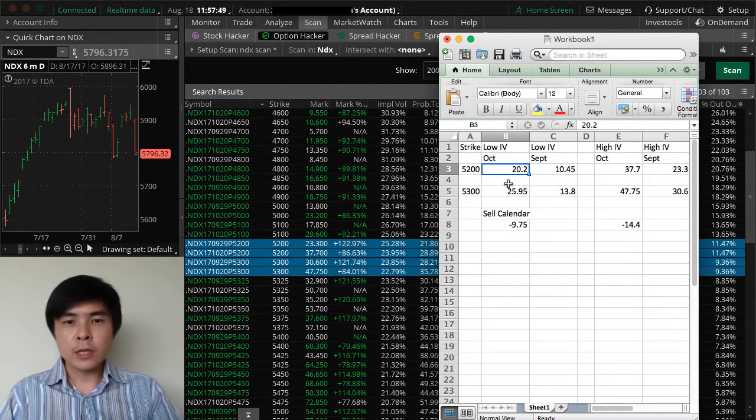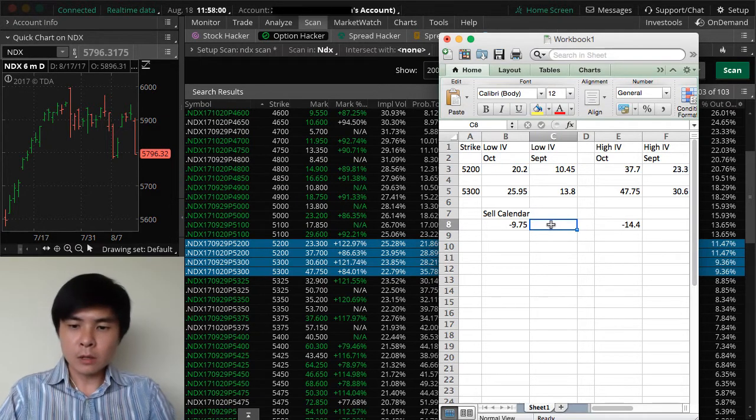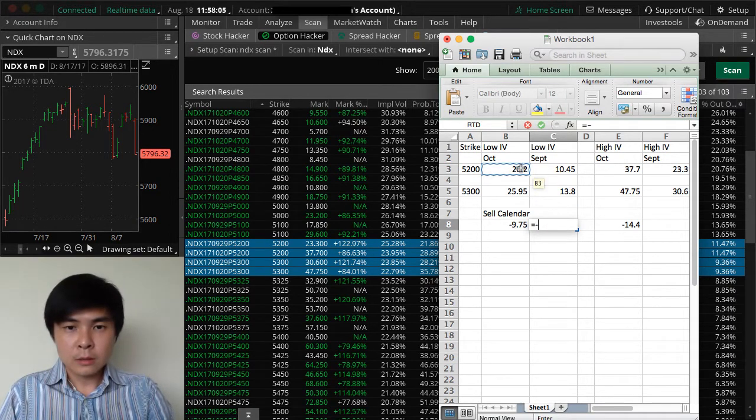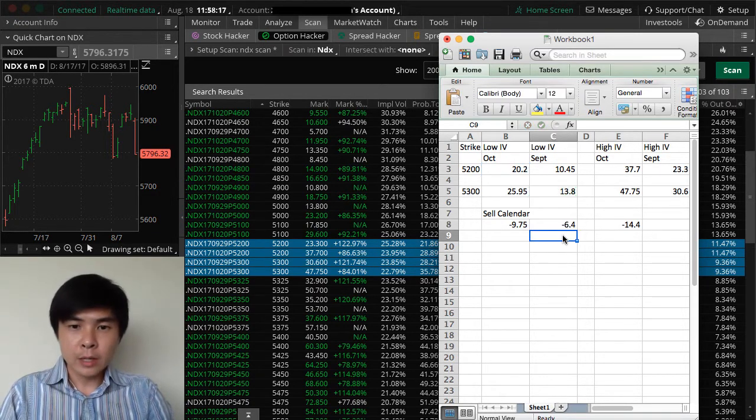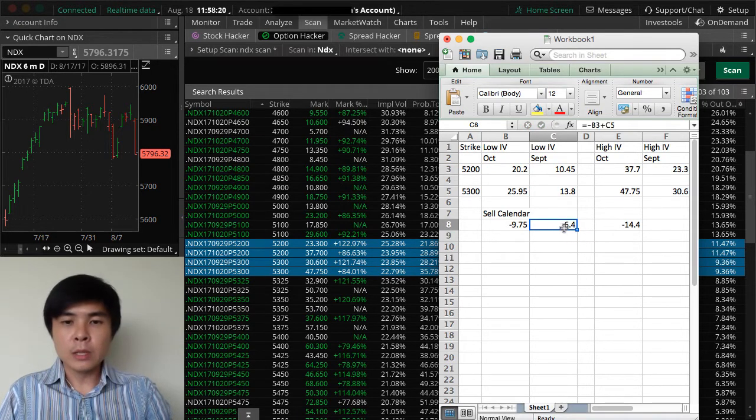The trick over here is you sell the option on the October period, so it equals negative this price, and you buy back at a nearer strike price to the market, and your net profit will be $6.40 per calendar. Now let's see what happened to this trade when you hit a high IV.